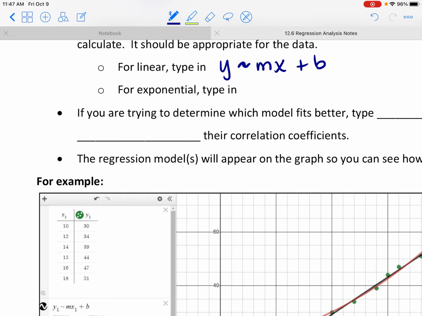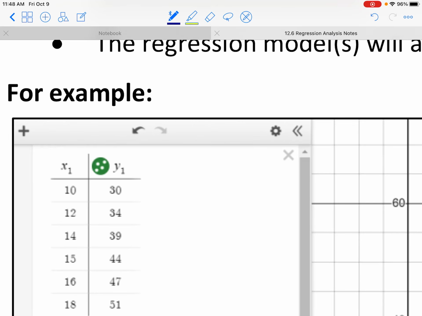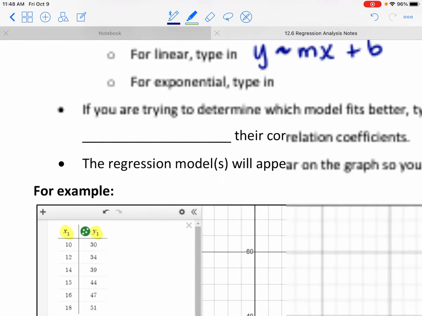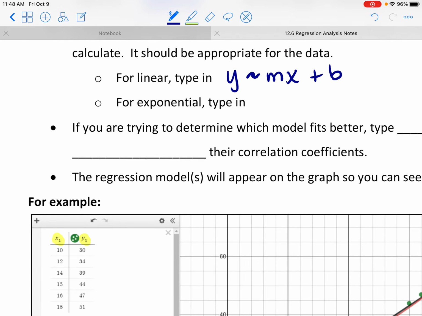And when we calculate our model, we want to make sure the model is connected to our data. So if you look in the table of values, instead of just x and y, it's x1 and y1. So to connect our model to the data, we want to call this x1 and y1. Okay, so it's y sub 1, it's a little subscript of 1, and then x sub 1, again a little subscript of 1, so that our model is connected to our data.